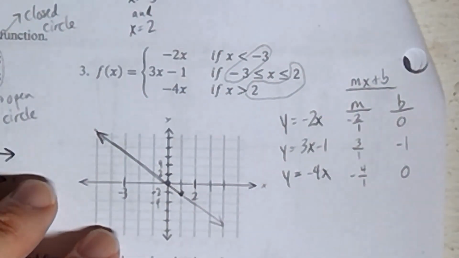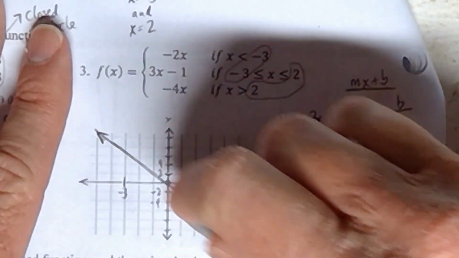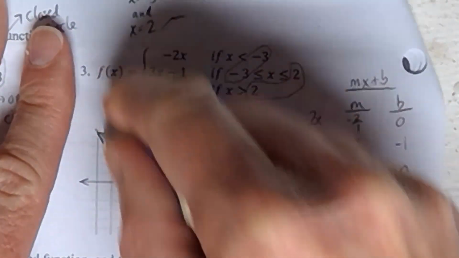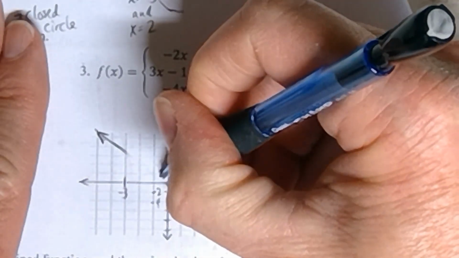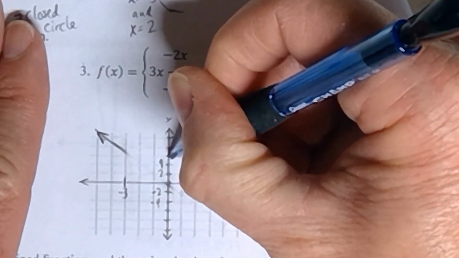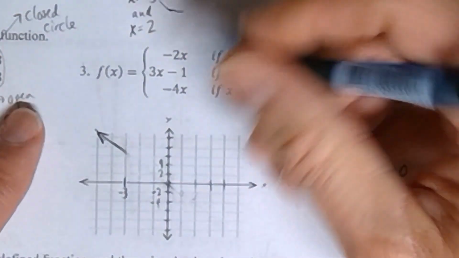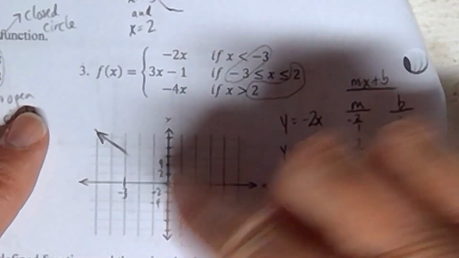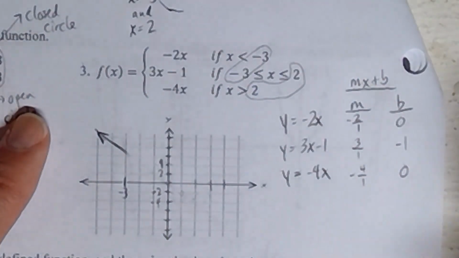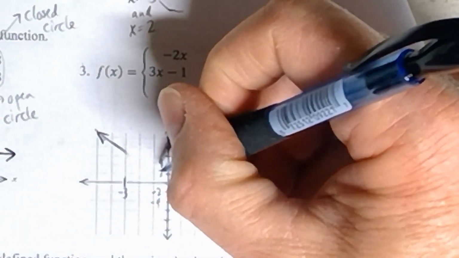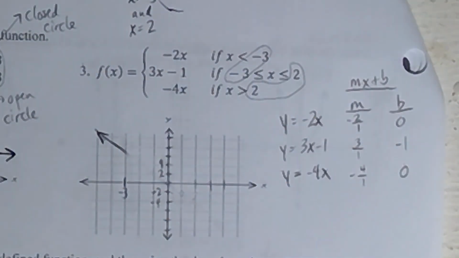So what I'm going to do is erase off the rest of it here. Okay. And if you already know exactly where the graph is going, you can just draw that part of it. It's just that it's kind of hard to do that when the graph starts way over here. It's just easier, I think, to graph the whole thing and then erase off the part that you don't need. Okay.